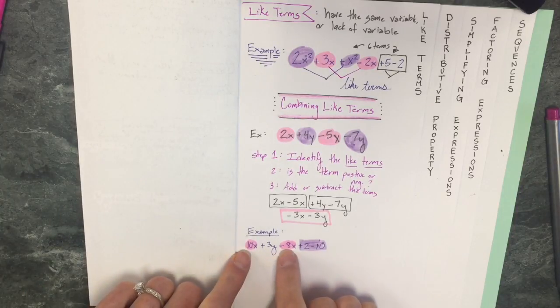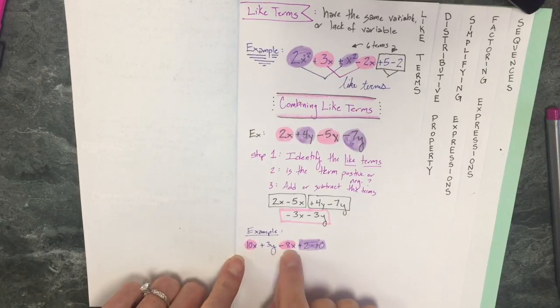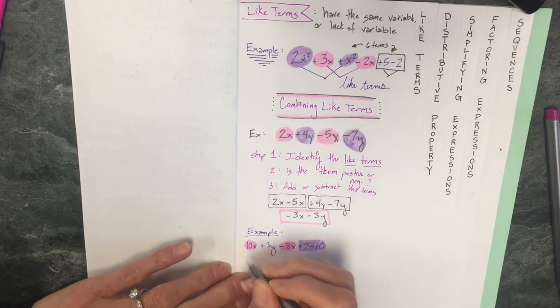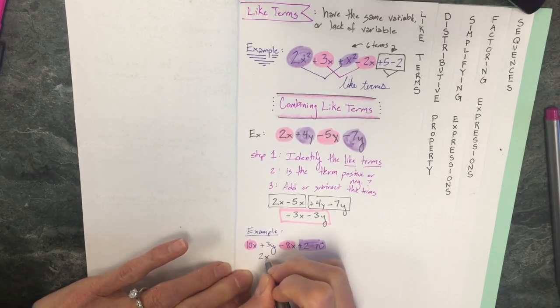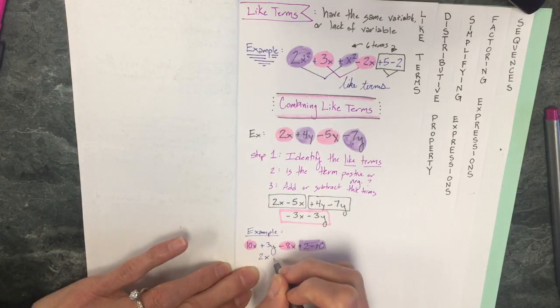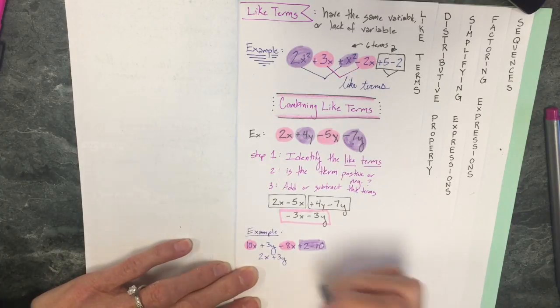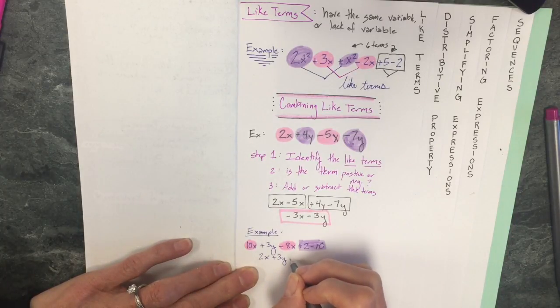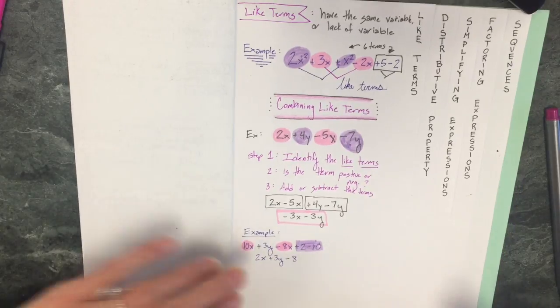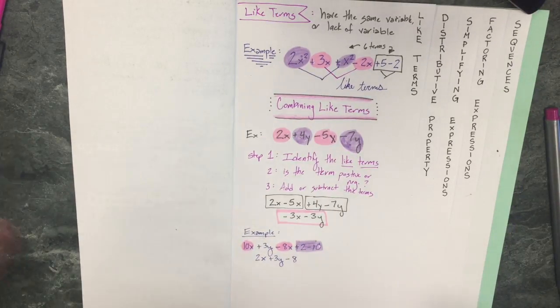I've got a negative 8 here, so that means that I'm going to be subtracting 10 minus 8, which would leave me with 2 x's. I'm going to go ahead and write the 3y. And then I'm going to subtract these two because it's a positive 2 and a negative 10. So that leaves me with negative 8. And then I kind of check, is there anything I could put together?